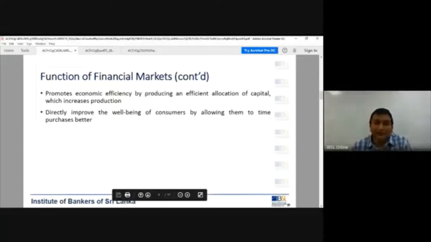So you build everything and you lived all your working life in a kind of rented and not preferred kind of arrangement. You could not buy a good vehicle, whatever. So what happens here is the financial markets let you plan your future consumption today based on your expected earnings. So that's one way of looking at purchasing time better.